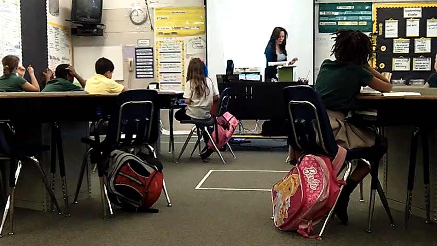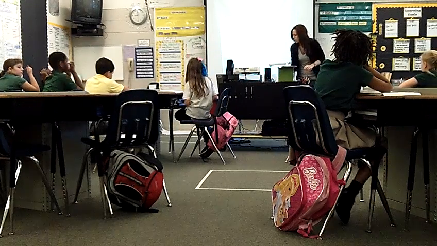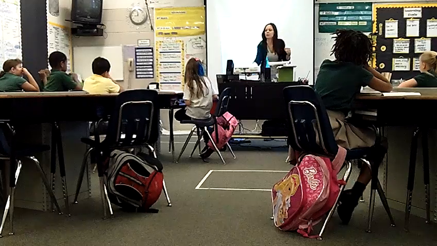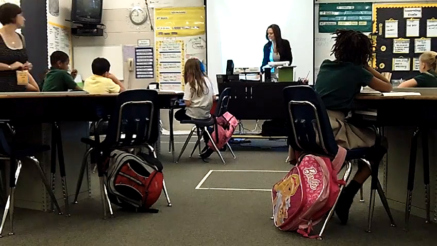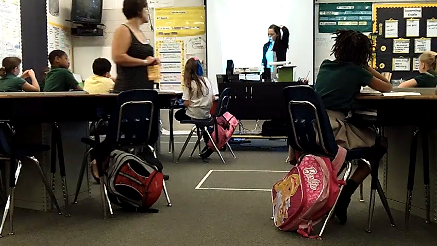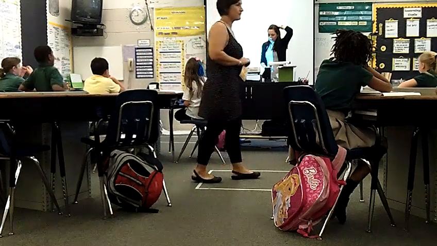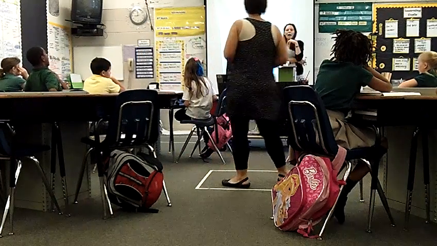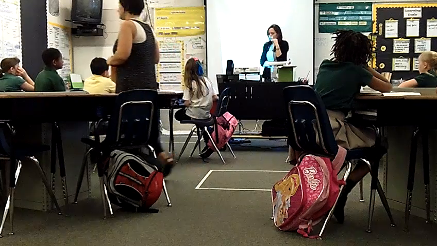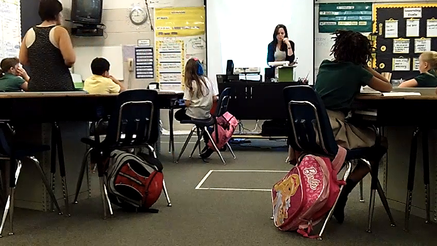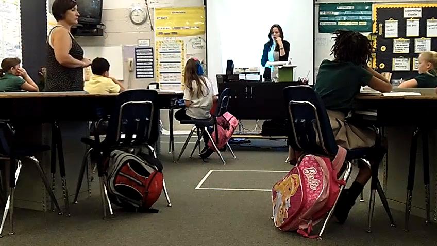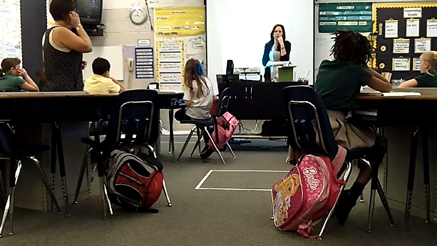Alright, so we're going to practice one. The question is, and I didn't write this one down: Brendan peeled apples to make 4 apple pies. He used 6 apples for each pie. How many apples did he peel?